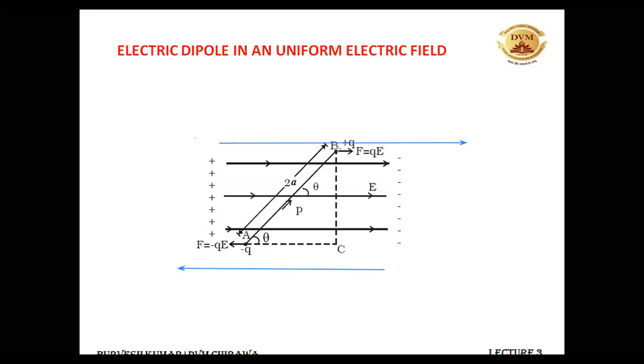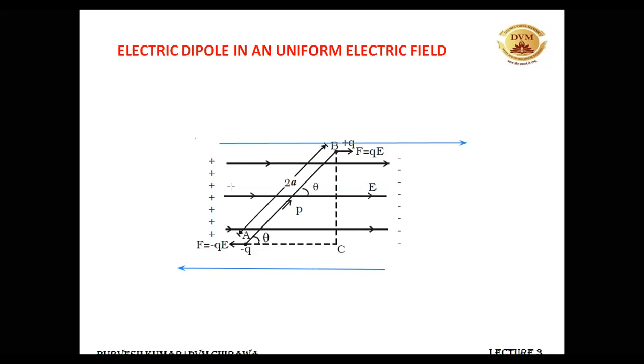So these are two different forces, equal and opposite, and they are forming a couple. And when a couple is acting on an object, then the object tends to rotate. So it will cause the rotation of this dipole. So the dipole will tend to rotate like this. So this B will come towards over here, and A will move like this. So whenever something is rotating, it means that torque is acting on the body.